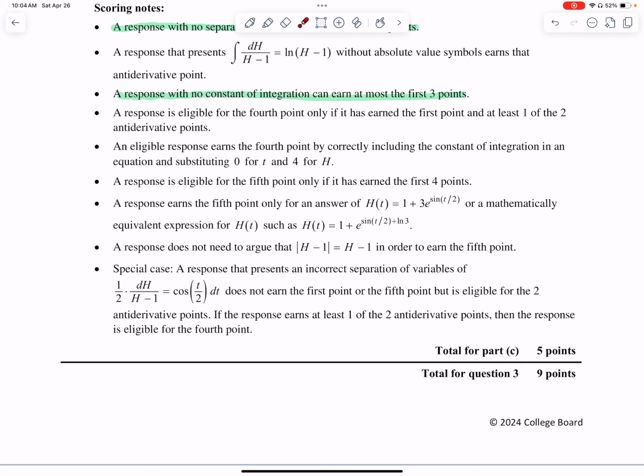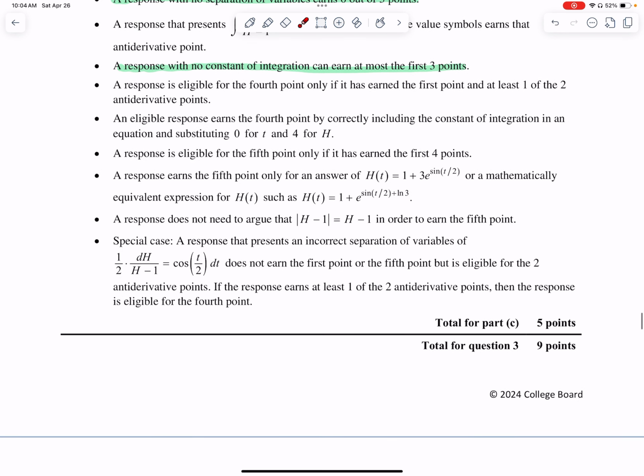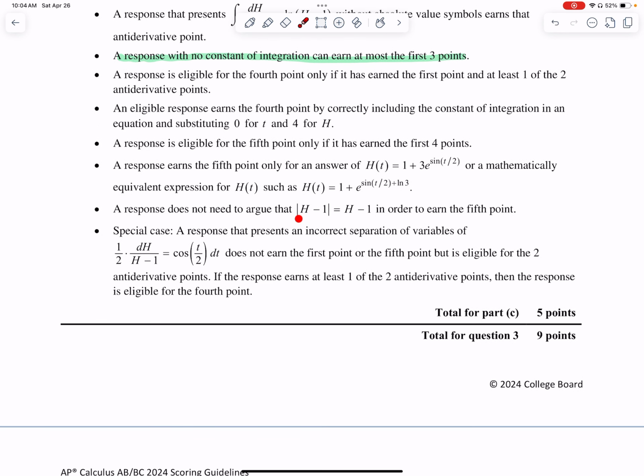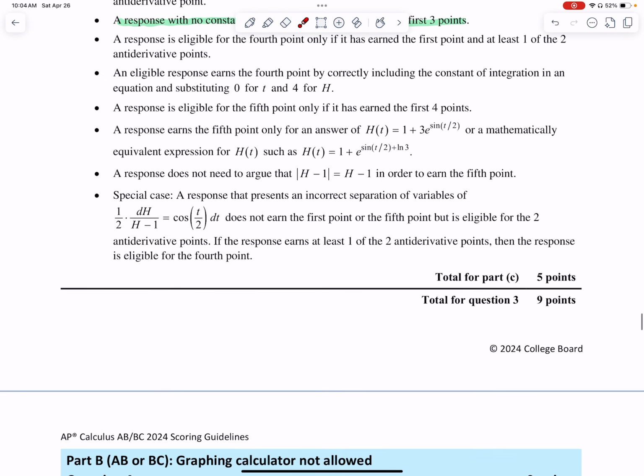So notice that they didn't bring that 3 down from that natural log. A response does not need to argue that the absolute value of h minus 1 is equal to h minus 1 to earn that 5th point. And then what is this special case response? That presents an incorrect separation of variables like this. So, wait. Oh, I see what they did. The 1/2 was over here, so it should have been a 2 over here on the left-hand side.